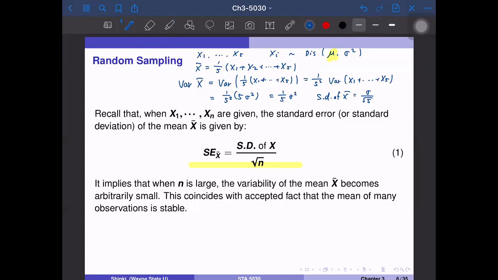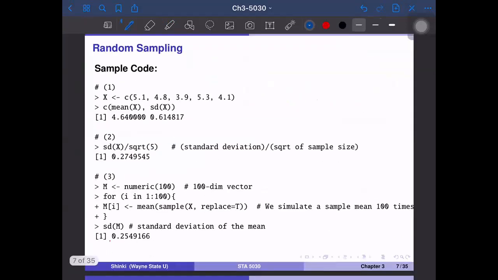If we have a more complicated statistical model, then we estimate some parameter such as beta, and beta hat is a complicated quantity, so it's not easy to get the standard error in this way. So it's beneficial to use the resampling method.